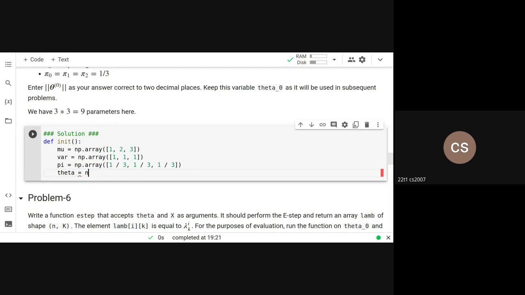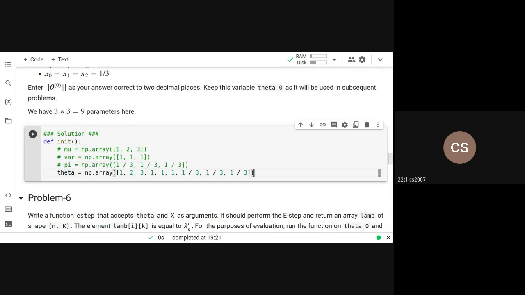First 3 values I will reserve for the means, the next 3 for the variances, and the last 3 for the pi's. Rather than have it this way, I just comment these because these are also important.